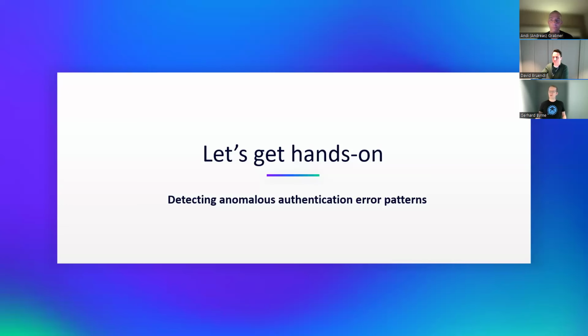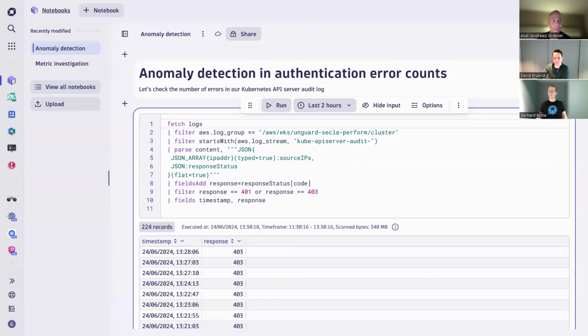So let me switch over to my environment so we can take a look at how it looks in real. As David told us, I'm starting with a notebook to take a look at the logs that are there. In this case, I'm assuming the role of a security administrator.